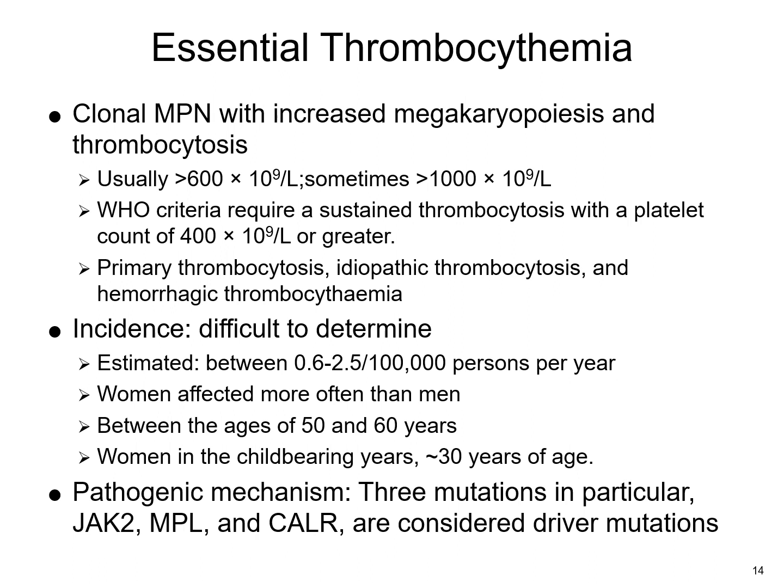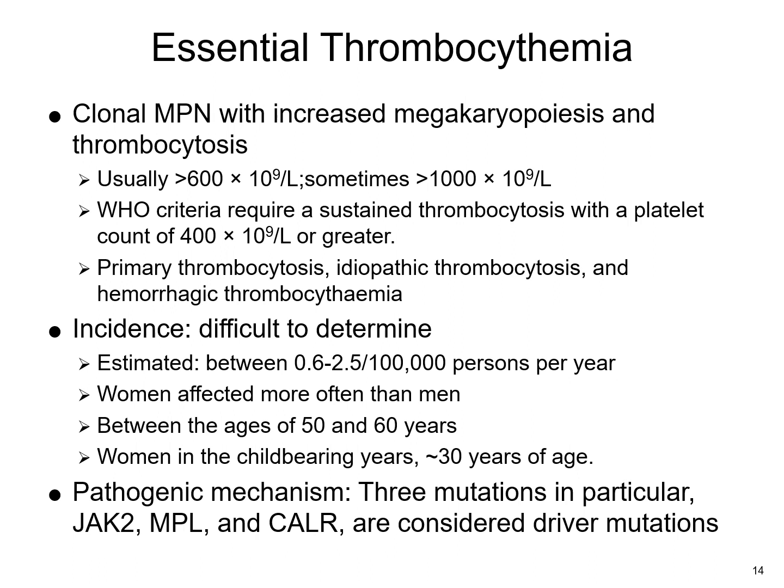And the prevalence rates have been reported to be 38 to 57 out of 100,000 people, with women being more affected than men. Most cases are seen in individuals between the age of 50 to 60, but there's also a peak incident that can happen primarily in women during the childbearing years, so this is usually around 30 years of age. Now, most of the mutations that we saw within the polycythemia area also happen with the essential thrombocythemia.